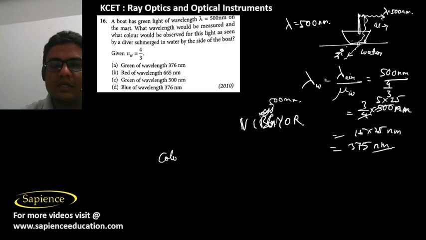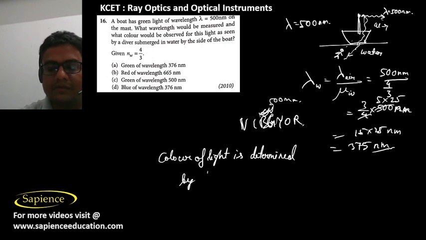So the rule is that color of light is determined by the frequency and not by the wavelength.